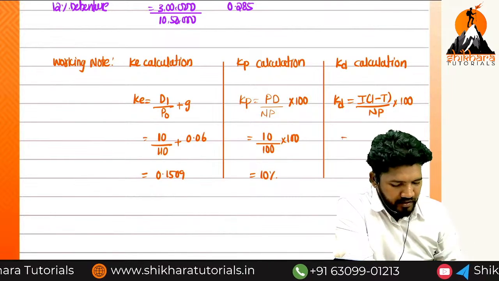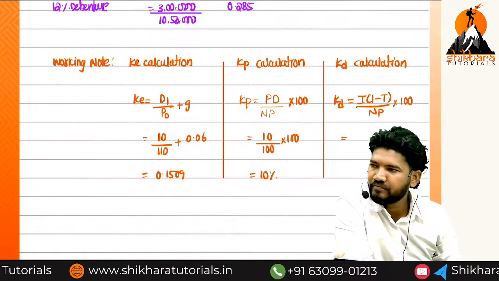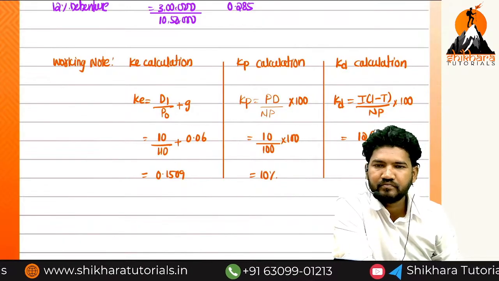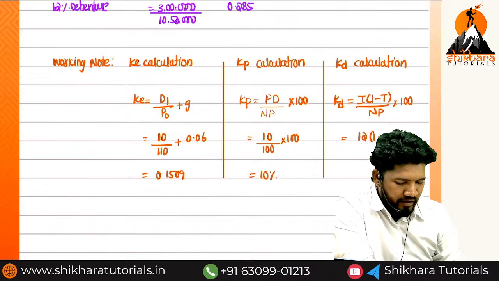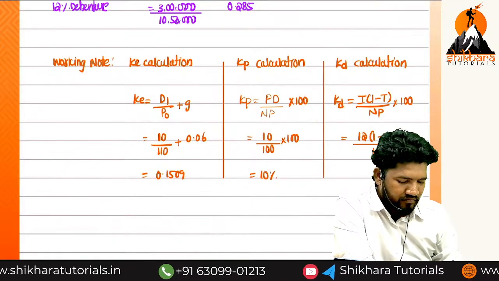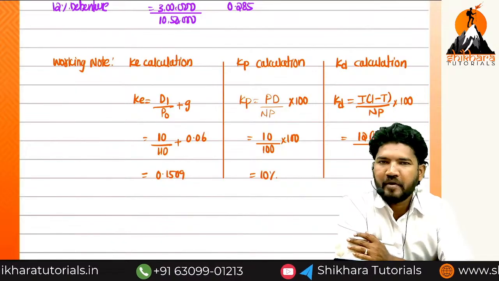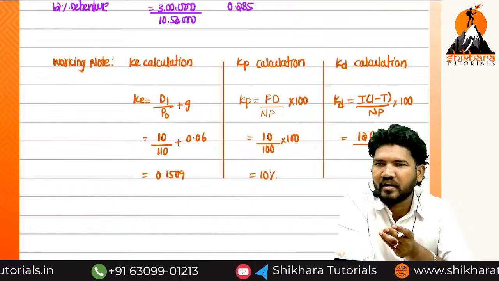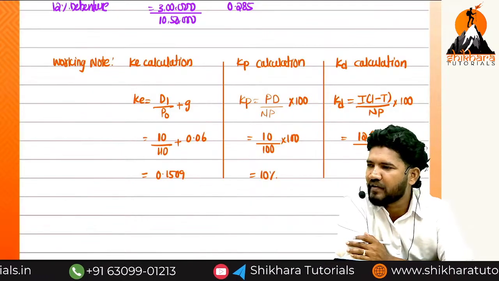What about the interest? 12% of face value, 12 rupees. What about the tax rate? 1 minus 0.4. What about the net proceeds? 100, because issue price information is not there and flotation cost is not there. At that time net proceeds is nothing but face value.